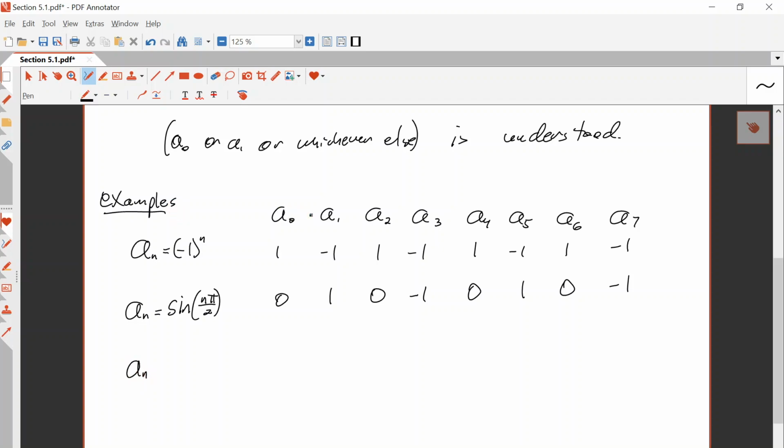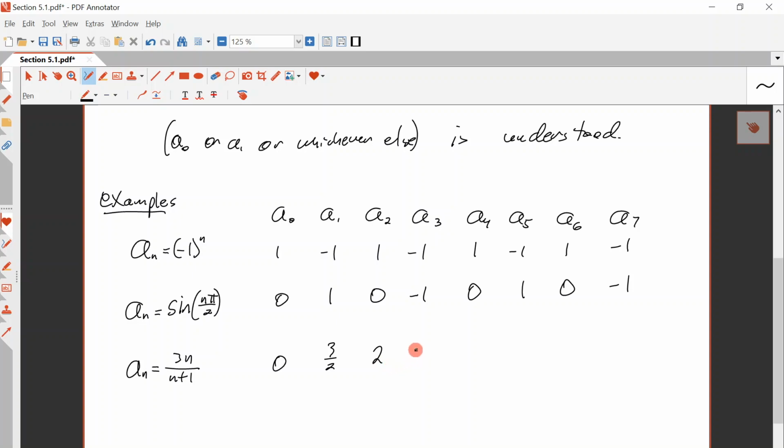AN equal to 3n over n plus 1, right? That would be something like this. So with 0, you get 0. With 1, you get 3 halves. With 2, you get 6 thirds, which is 2.